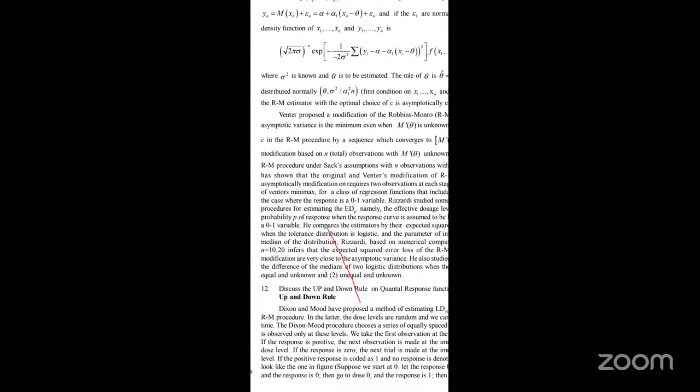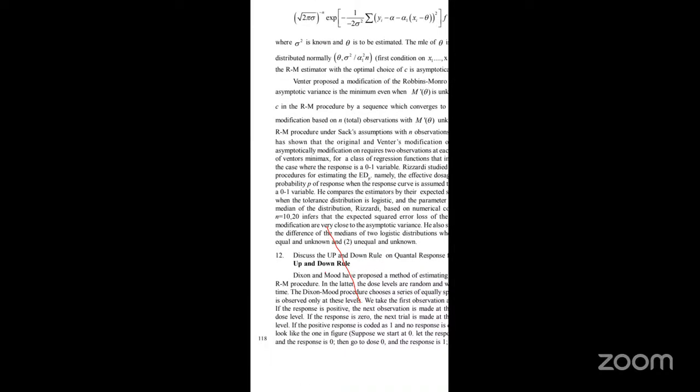Efficient. Now, the RM procedure under SACS assumptions with an observation of theta known, where in this case we discuss the up and down rule, the quantal response up and down rule. So, Dixon and Moore have proposed a method of estimating LD. The weight is simpler than the RM procedure.